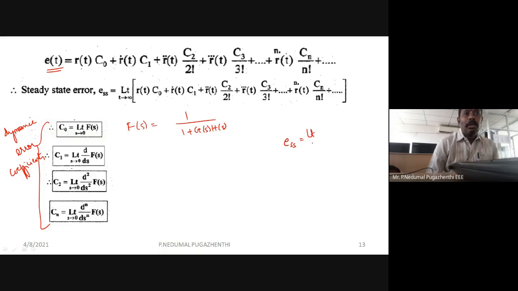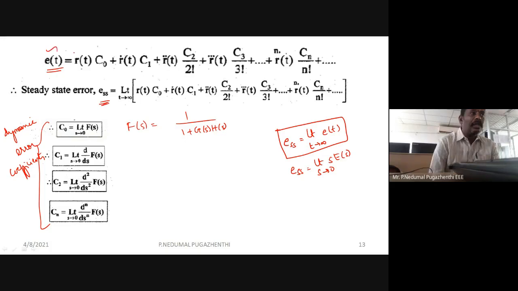So limit t tends to infinity of E of t is one formula in time domain. You have another formula, limit s tends to 0 of s into E of s, which is based on the final value theorem. Since this is being carried out in the time domain, I can take the time domain formula, limit t tends to infinity of E of t, so I can get my steady state error after finding the error.